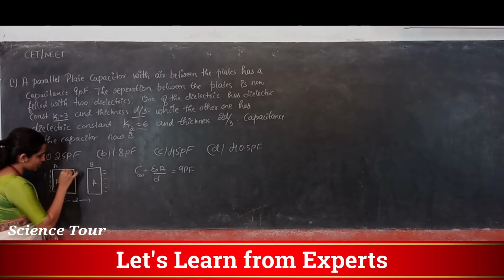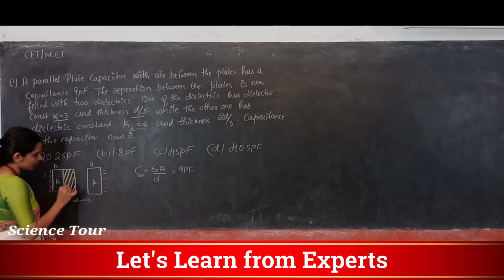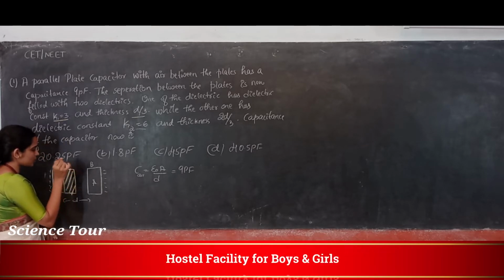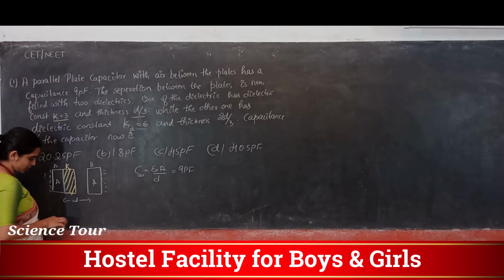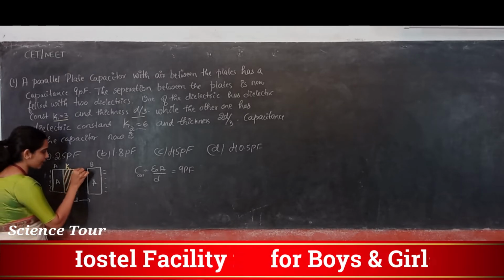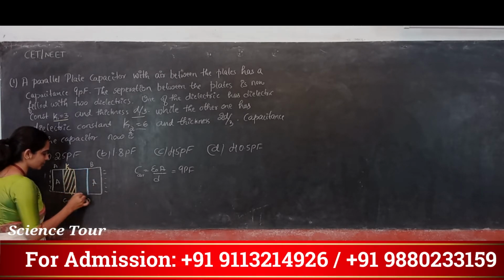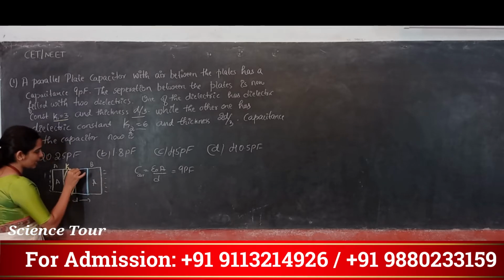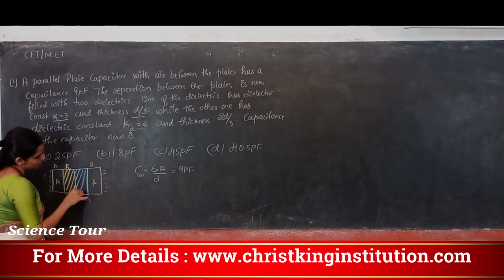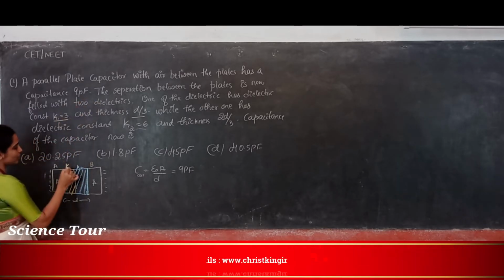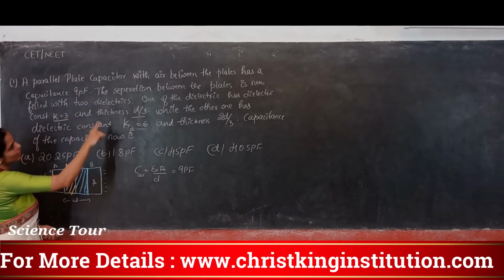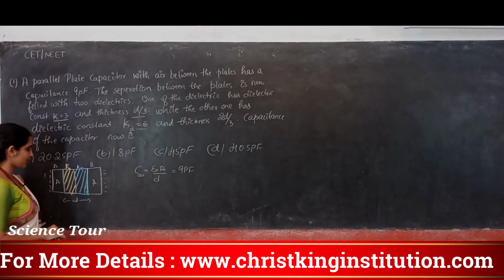Okay, this is one dielectric material. The dielectric constant of this is K1, and this is the other dielectric material. The dielectric constant of this is K2. K1 is 3, K2 is 6.